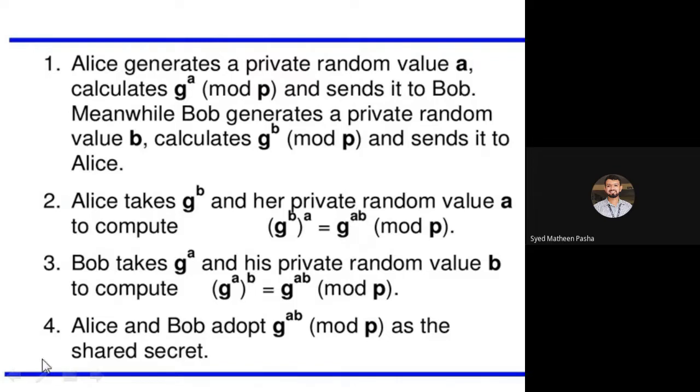This will be the shared secret of both Alice and Bob. Do remember, whatever you calculate in the second step and third step should be equal. Alice and Bob adopt G to the power of ab mod P as the shared secret. This is simply your DH key exchange, where you are exchanging the same with both the sender and receiver.